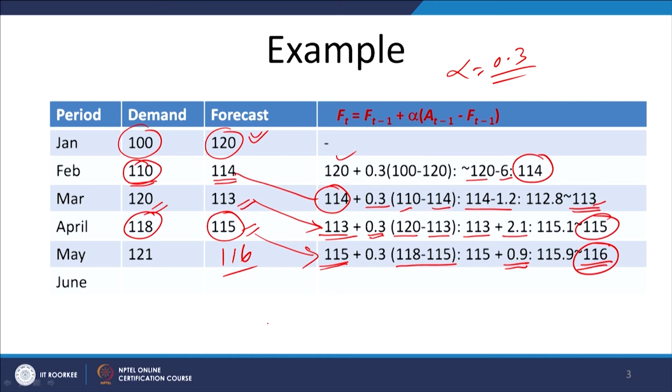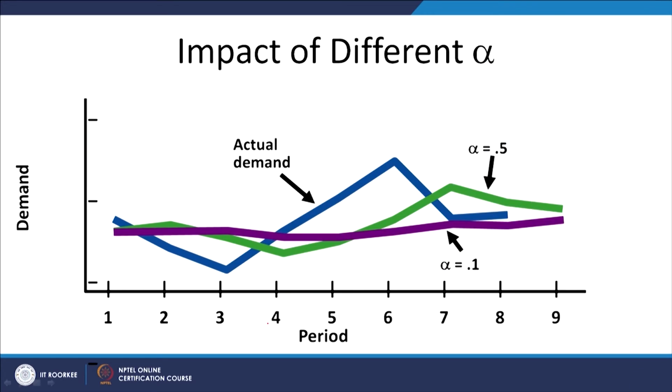Now, what this diagram shows is what happens when different alpha values are used. Say this is the actual demand variation as a function of time. The forecast shows a trend similar to that of the demand when a higher value of alpha is used, while the forecast remains almost flat when a lower alpha value is used, and it incorporates less variation in the actual demand.